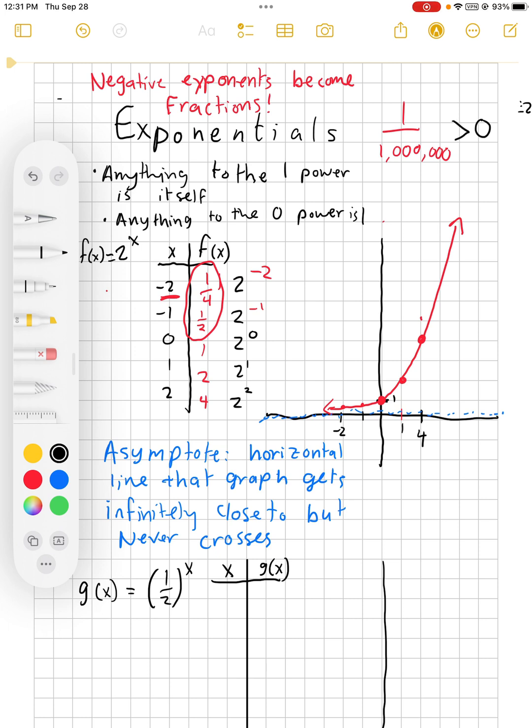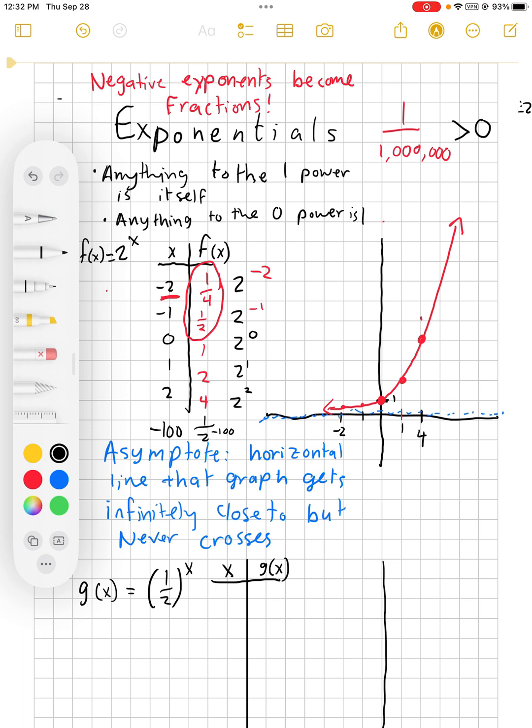So say we had x equal to negative 100. Our f of x value would be 1 over 2 to the 100th, which is a very, very small number, very close to 0, but it is not quite 0. So that creates an asymptote. It's going to get infinitely close to the x-axis, but it never gets to cross it.